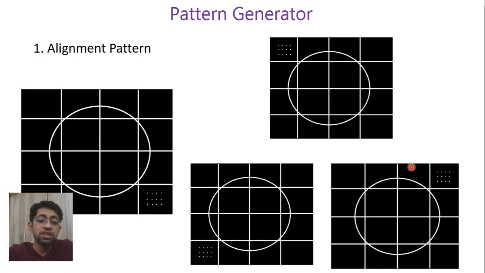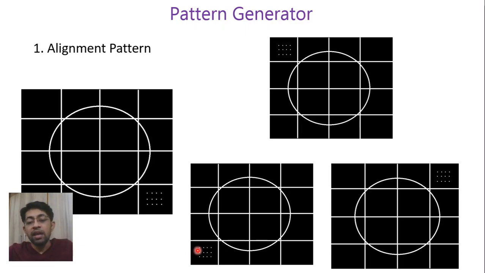If you apply this pattern onto your TV set, and this group of dots appears on the bottom left, where its default position is bottom right, then you can say that the current flowing through the horizontal deflection coil is reversed in polarity.